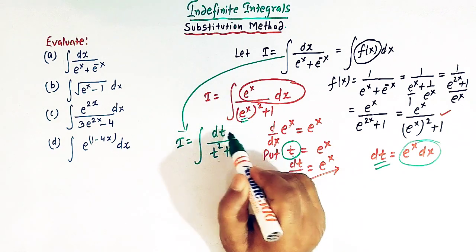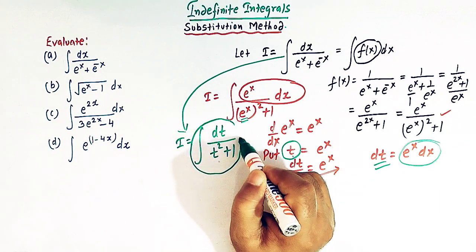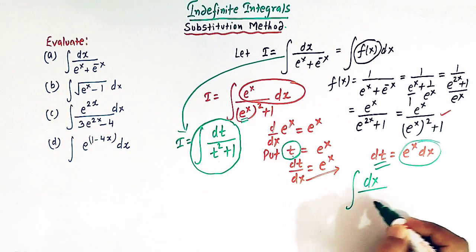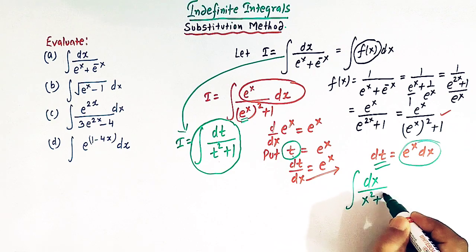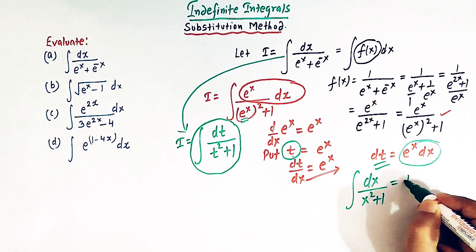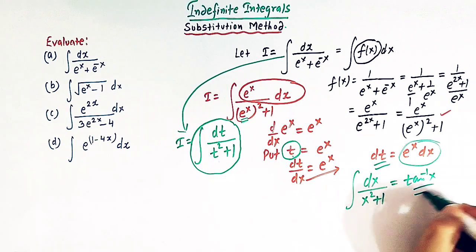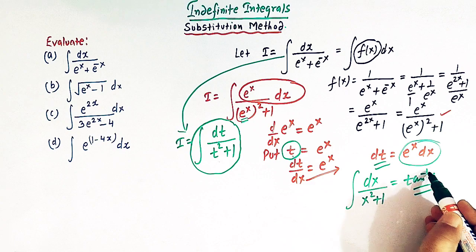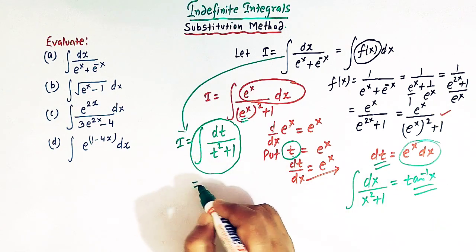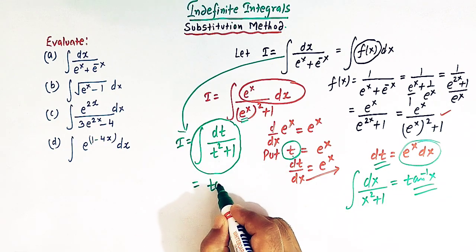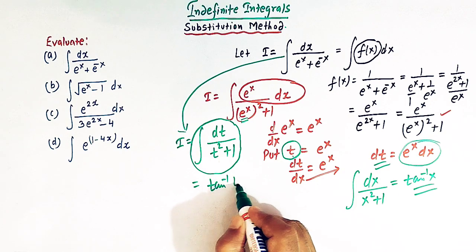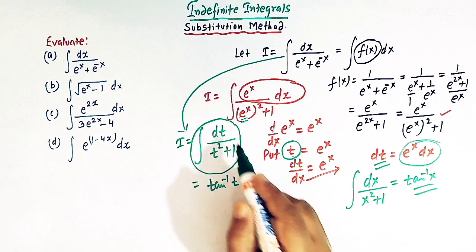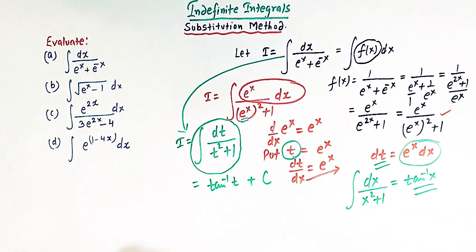Now this integral is a standard integral, because we know that the integral of 1 over x squared plus 1 is tan inverse of x. So the direct result for 1 over x squared plus 1 is tan inverse x. So here we can now write tan inverse of t, because here the variable is t, and we will not forget to write the constant of integration.